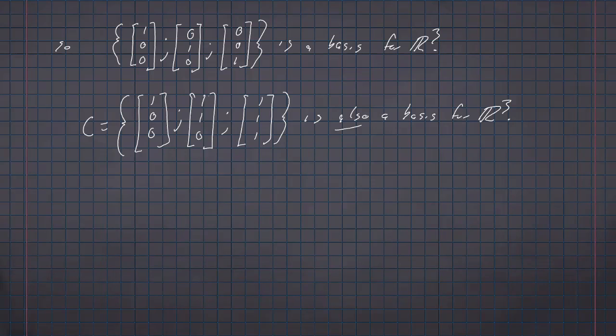To show that something is a basis, once again, we are looking at, first of all, this is a set of vectors in R3. That's an important thing to notice, but generally not a difficult thing to prove. We showed that this was linearly independent in our last discussion on linear independence.